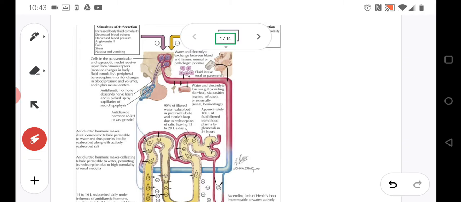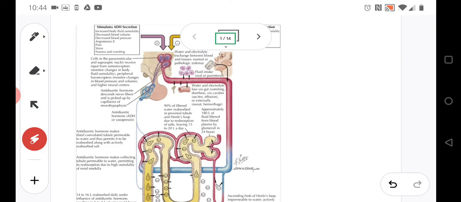Okay. The other name of the antidiuretic hormone is vasopressin. Why is it called vasopressin? It's called vasopressin because it is also able to increase tension of the smooth muscles in the blood vessels. So, in simpler words, to cause vasoconstriction, to cause vessels to shrink.